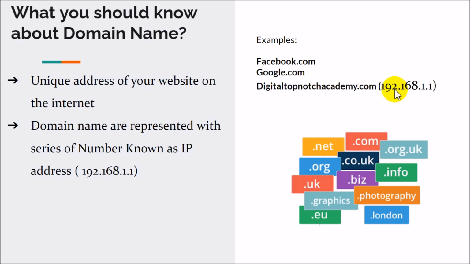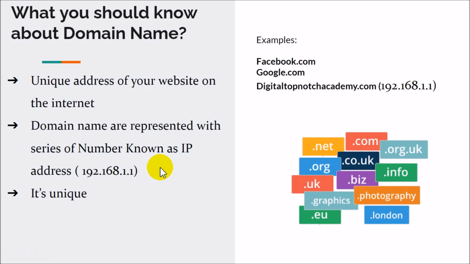Remember, in computers, the internet communicates in IP addresses. Remember the TCP/IP infrastructure we talked about earlier. So they are represented in serial numbers for easy communication of computers, but for easy reference by users, you have the name itself. So it's also unique.